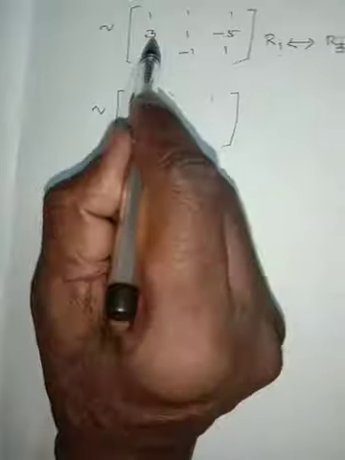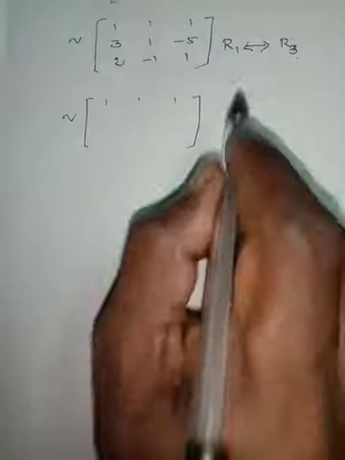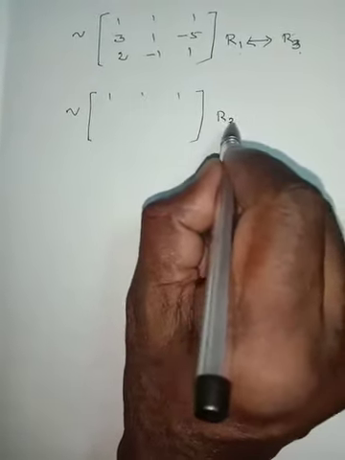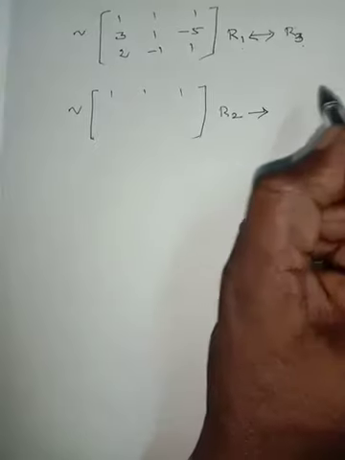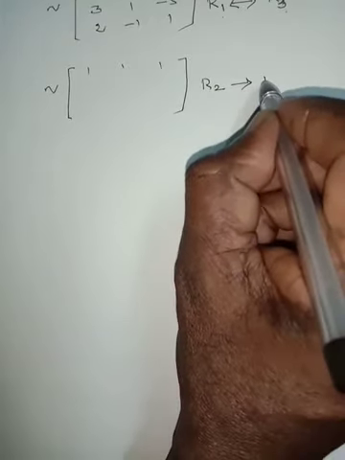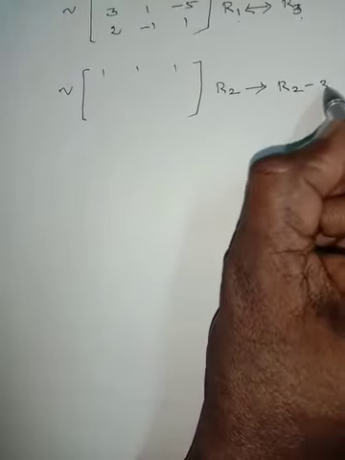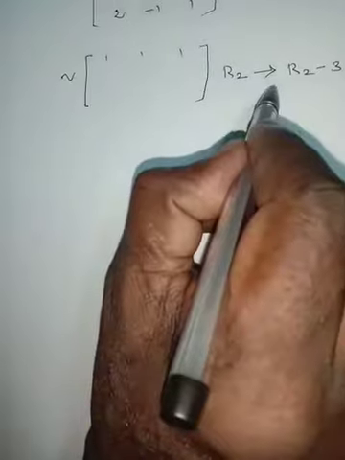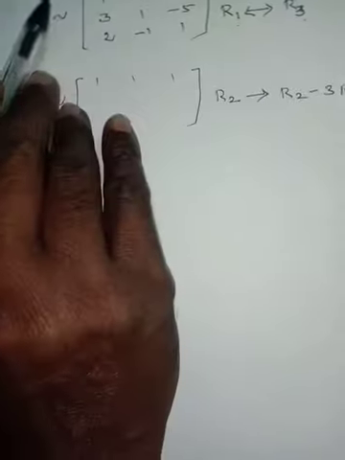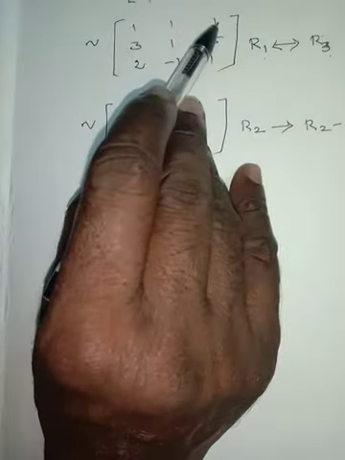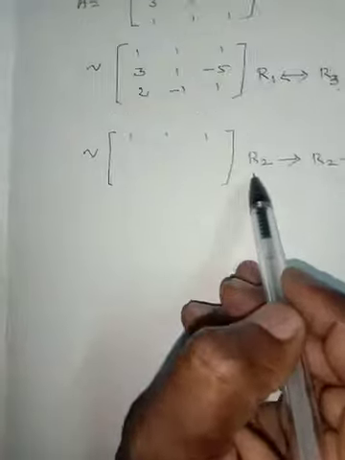Now multiply R1 by 3, subtract, we get 0. Therefore new R2 implies old R2 minus 3R1. This means new R2 implies old R2 minus R1 multiplied by 3; then subtracting R2 minus 3R1, we get new R2.